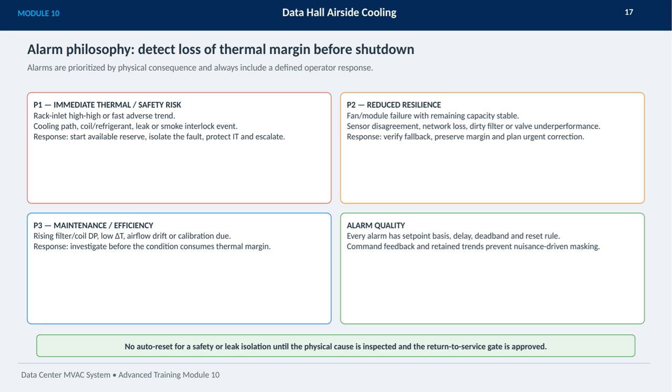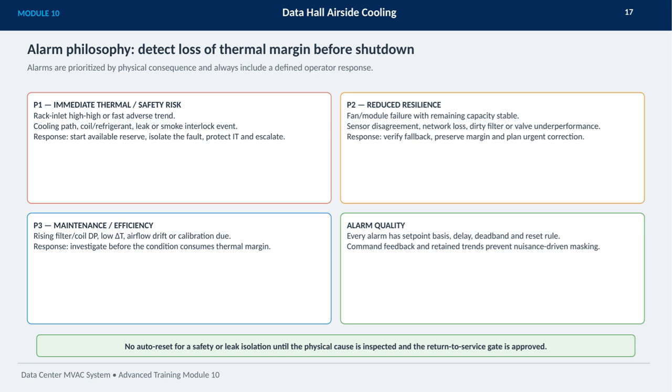P2 alarms signal reduced resilience, like fan or module failure, sensor disagreements, or dirty filters. While the system remains stable, the response is to verify fallback options, maintain margin, and plan for urgent fixes. P3 alarms relate to maintenance or efficiency concerns, such as rising pressure drops across filters or coils, airflow drift, or calibration needs.